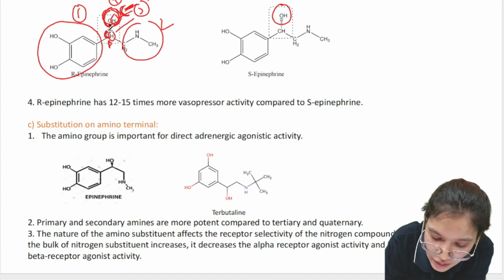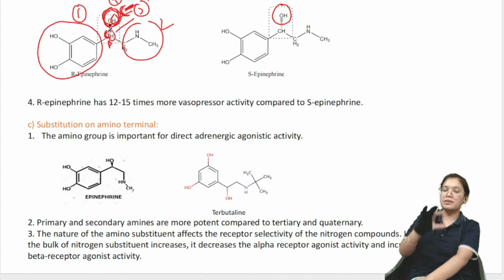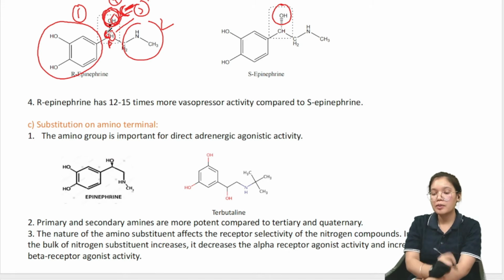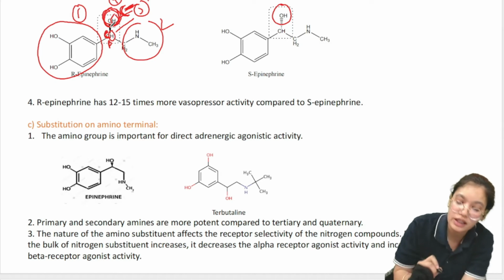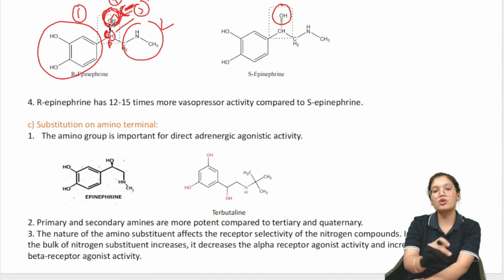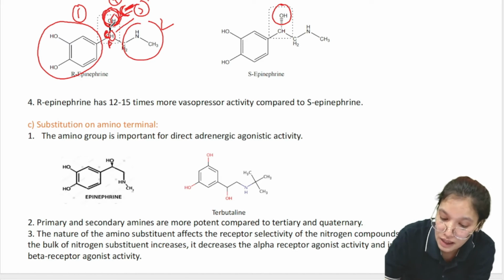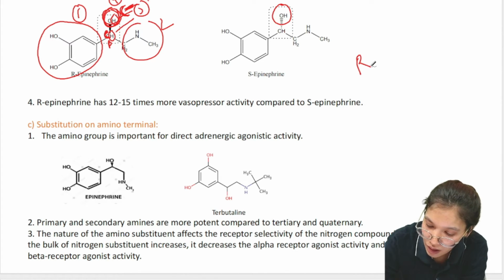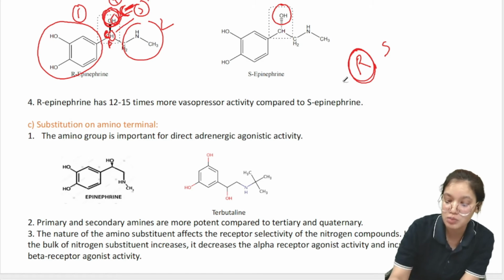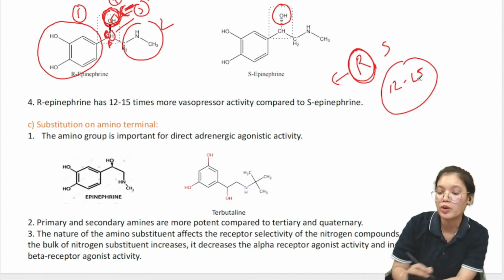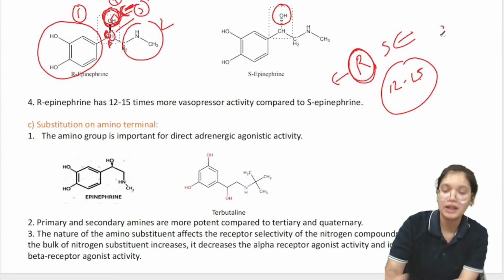So this carbon has 4 different substitutions attached. Now this carbon is a chiral carbon, and due to this OH only, epinephrine shows chirality. This chirality can be R form and S form, and the R form of enantiomer is more potent. How much more potent? 12 to 15 times more potent than S epinephrine.